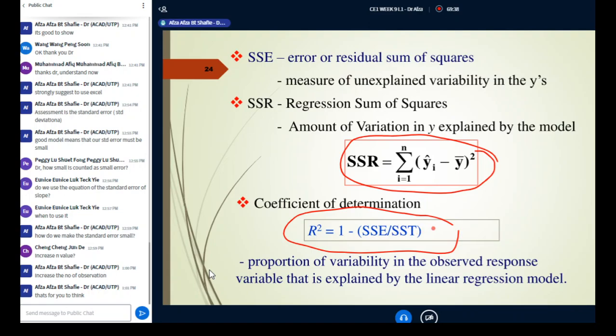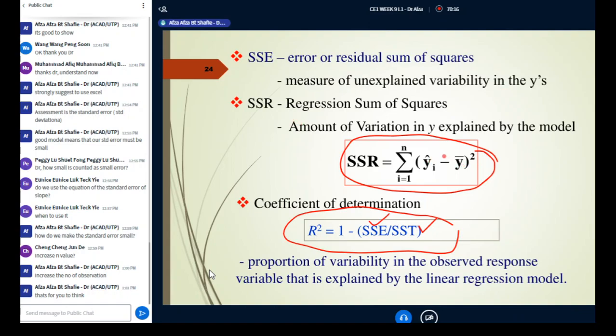Why do we do this? Remember, we have the formula for the SSE and we have the formula for the SST, so these values can be calculated. For that reason, we always take R squared to be equal to 1 minus SSE over SST. What is SSE? Based on the formula, observed minus the predicted, so it's the unexplained variability in the Y. And the SSR is Y hat minus the Y bar.